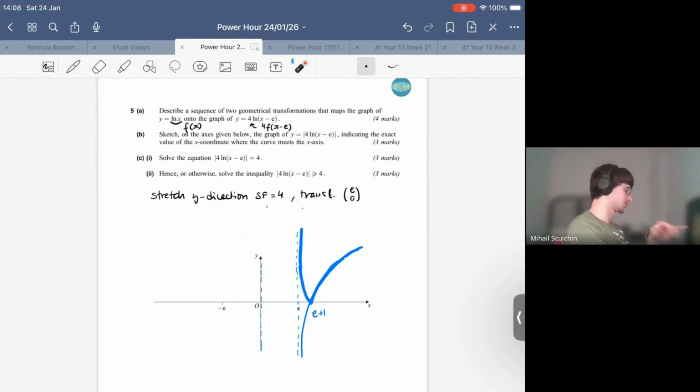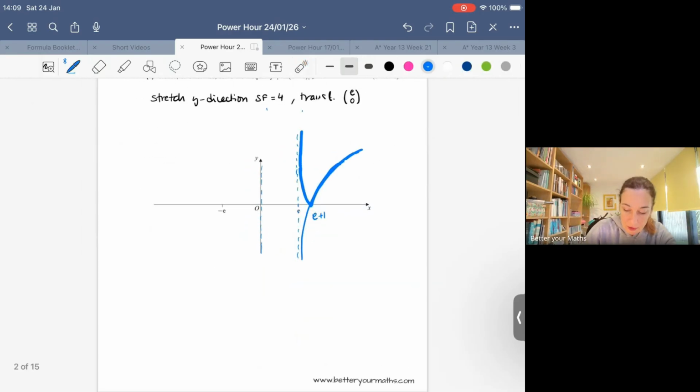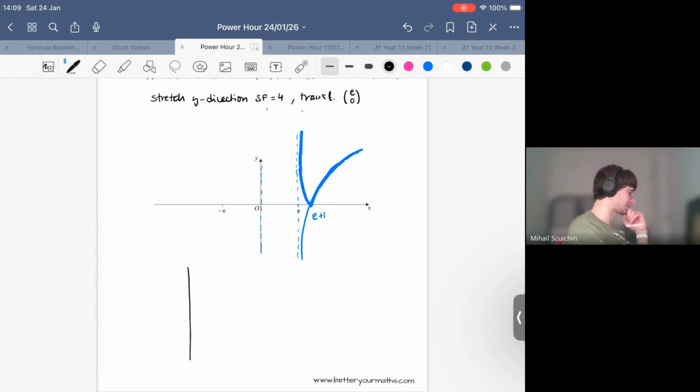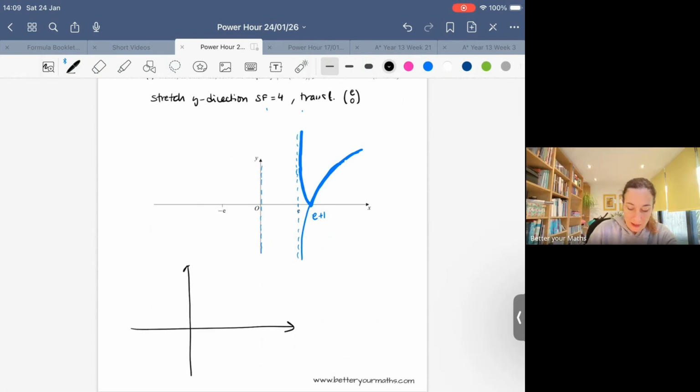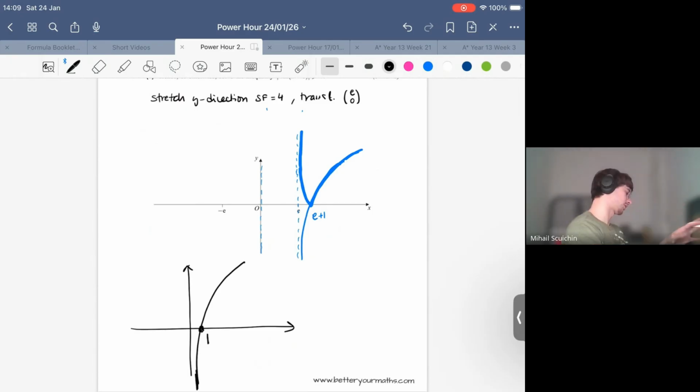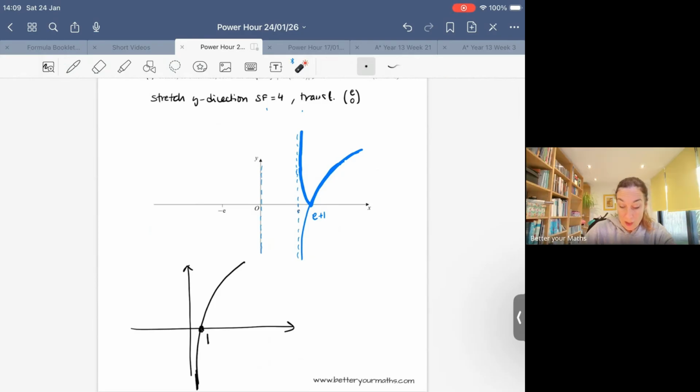So e plus 1 would be one on the left. Before you translate the graph, any logarithm graph looks like this. It has a vertical asymptote here, and this number is 1. And then you multiply by 4. When we multiply by 4, this just stretches vertically, so the roots never change.